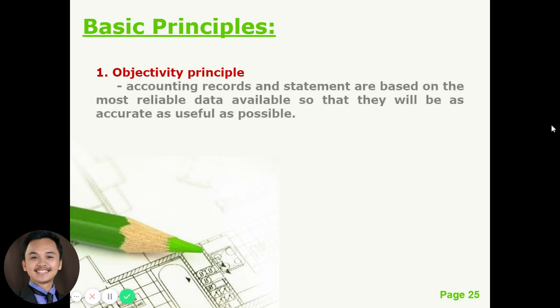So basic principles. First, objectivity principle. So when we talk about objectivity principle, accounting records and statement are based on the most reliable data available so that they will be as accurate and useful as possible. So since we will be preparing financial information which will be used in making decisions, therefore our report should also be objective, meaning it should be accurate, because if the input is incorrect or erroneous, then we could expect that the output is also erroneous.